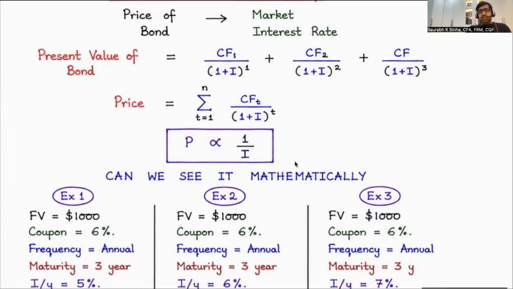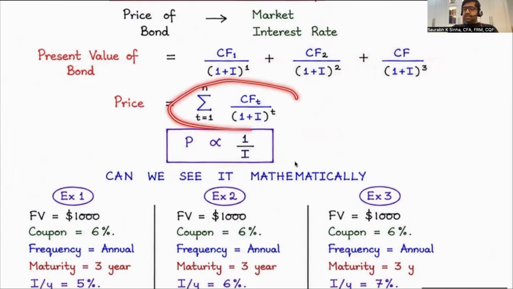In all the sessions, you might have seen that the value of the bond, or the present value of the bond, is equal to cash inflow 1, that is the coupon, upon 1 plus interest rate raised to the power 1, plus cash inflow 2 or coupon 2 upon 1 plus interest rate raised to the power 2, plus cash inflow 3 upon 1 plus interest rate raised to the power 3.